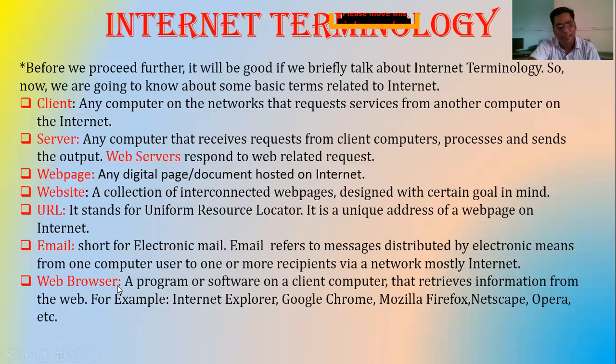Website is a different thing. Website is a collection of interconnected web pages, millions and billions of web pages. Rather, web browser is a software or program on a client computer which is used to retrieve information from the web, for example Internet Explorer, Google Chrome, Mozilla Firefox, Netscape Navigator, Opera, etc.